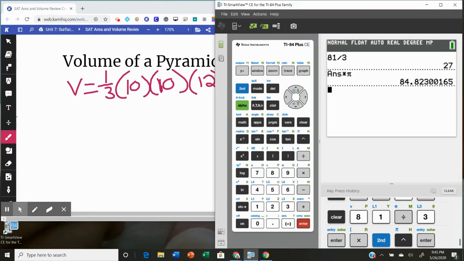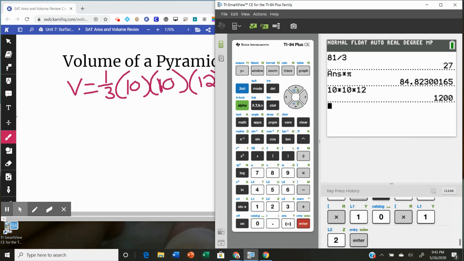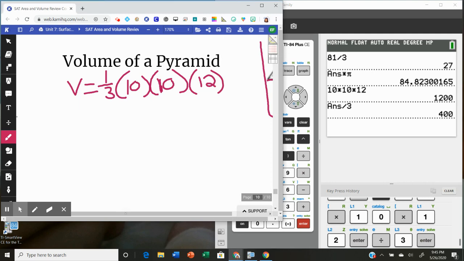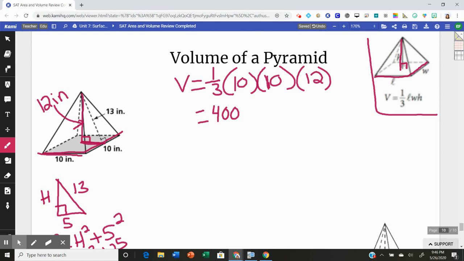I need 10 times 10 times 12. And then I'm going to divide that by 3. So I get 400. And again, we need units in our answers. So we're looking at inches here. So our volume of this pyramid is 400 inches cubed.